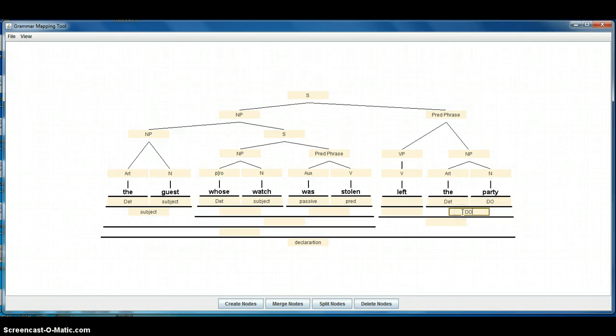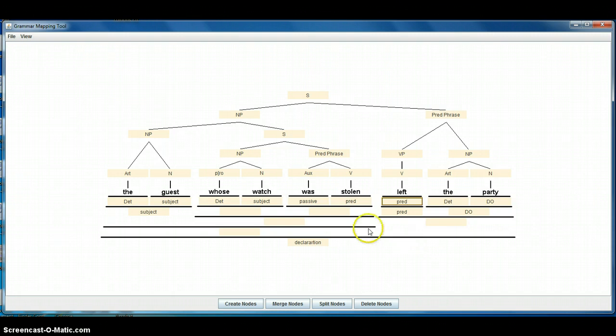The party is a direct object. Left the party is the predicate of the main clause. And actually we have two predicates because we have a VP and a V.